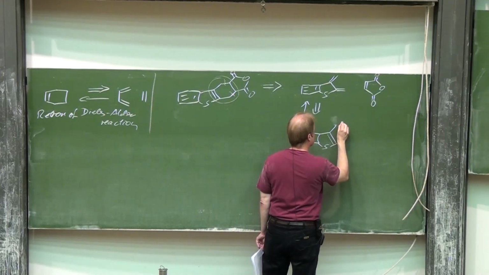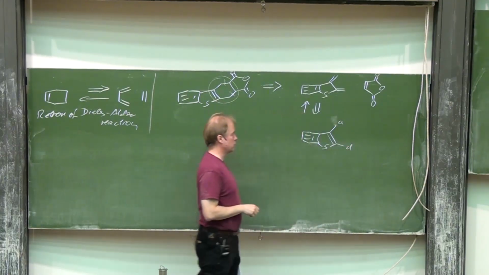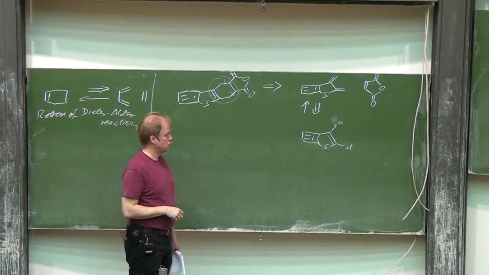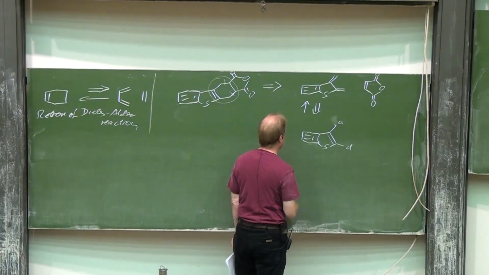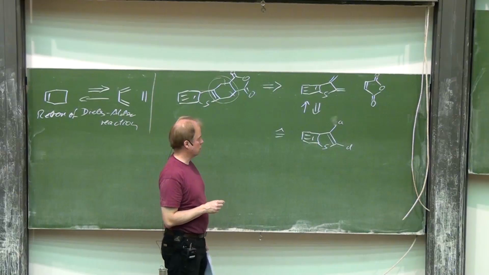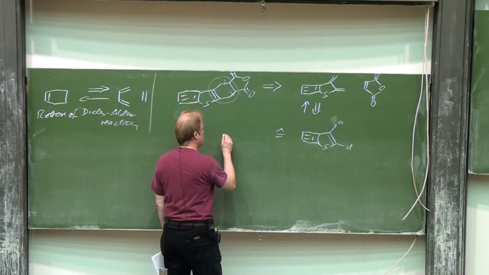Having, for instance, acceptor reactivity here, donator reactivity there. Well, how could we get to this situation? Well, we can think about lots of possibilities to achieve that.